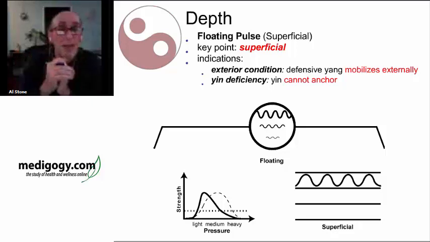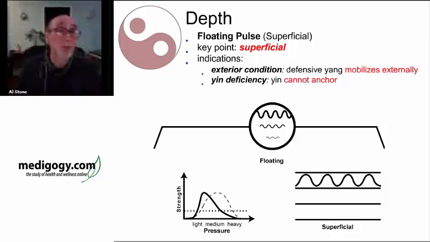And that's basically it. I have really not found that often superficial pulses in the case of people who come in with the common cold. It's just not my experience. However, a superficial pulse on someone who has a deficiency of yin, really common, very common.